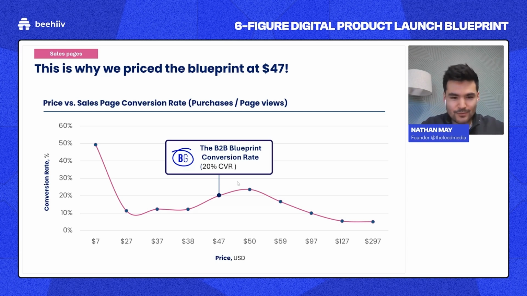So you generally either want to be really cheap, or right in the middle around the $40 to $50 mark, or you want to go all the way out to the other end, higher ticket. We didn't want to do that for the low ticket product just because you generally have to provide a lot more, right? It takes a lot more time to launch something. It is $300. So we felt this would be a good sweet spot. And we were right on the mark with where we wanted to be, which was a 20% conversion rate on the sales page.